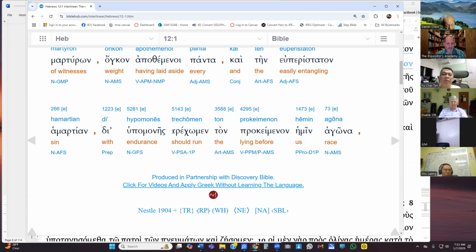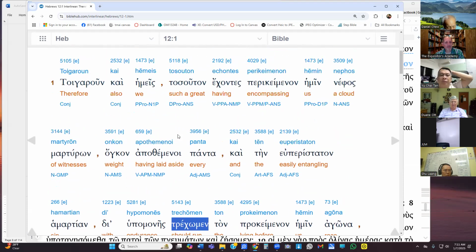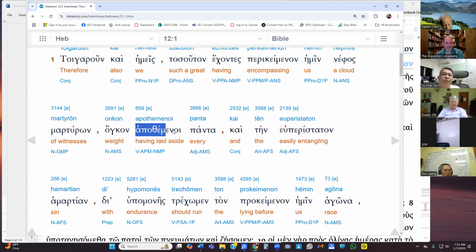So here's the independent verb and subject, we should run or let us run. But the other one, it isn't let us lay aside, it's having laid aside. So it is a participle. So the LSB, I think, did a more correct translation in this case.